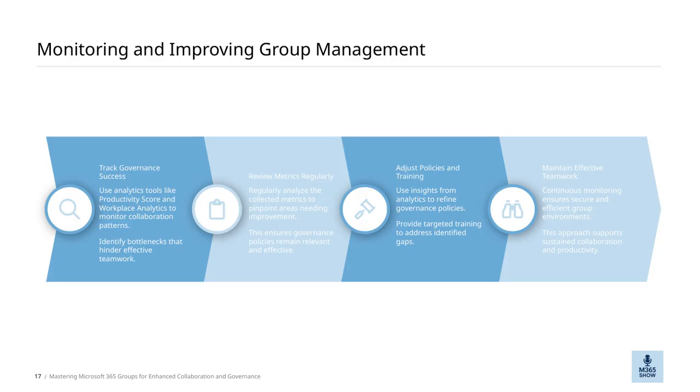To keep this momentum going, it's essential to use the insights we gather from analytics. These insights allow us to refine our governance policies, making sure they stay aligned with how teams actually work, and to provide targeted training where gaps are identified. This way, everyone stays informed and equipped to collaborate effectively.